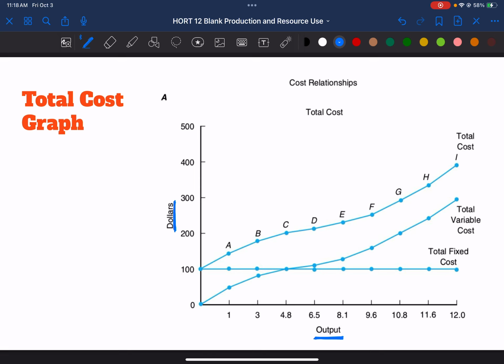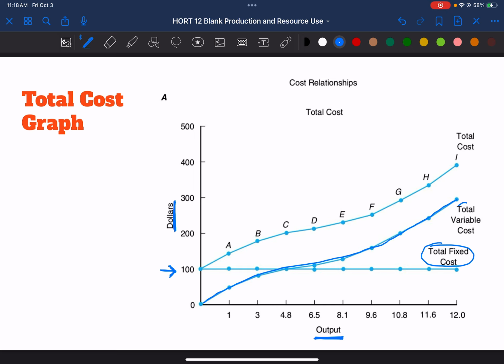Like you might imagine, total fixed costs remain the same across the graph. No matter how many units of output you're producing, our fixed costs here are always $100. This line is totally horizontal. Our variable costs, on the other hand, take this kind of curvy, almost S shape.